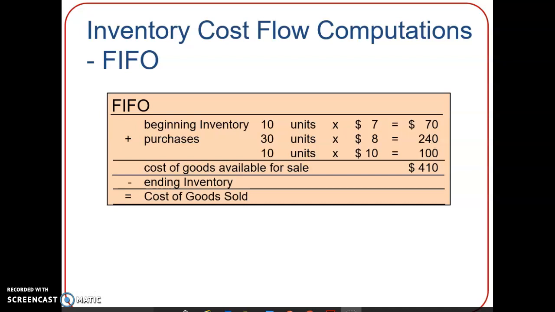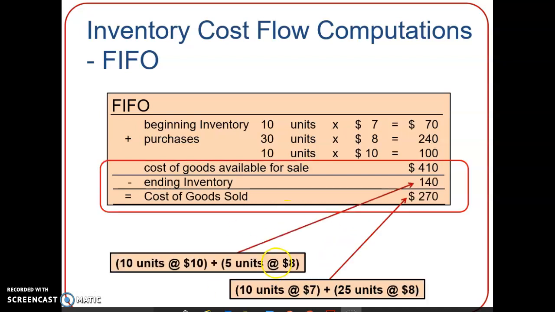So if we plug in the numbers and go back to the scenario one more time, the oldest is this batch from the beginning inventory, and we made two purchases in sequence, 30 at $8 each, 10 at $10 each. If we look at the ending inventory, the newest will stay in the ending inventory.